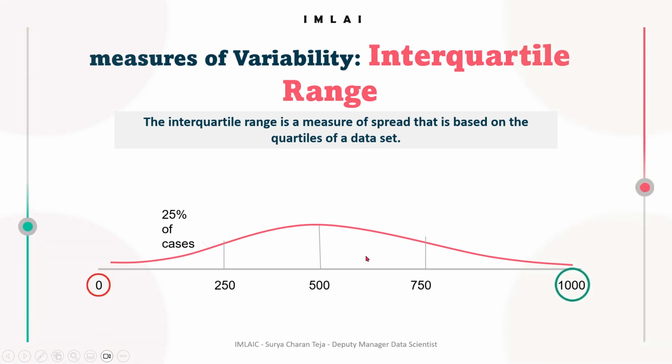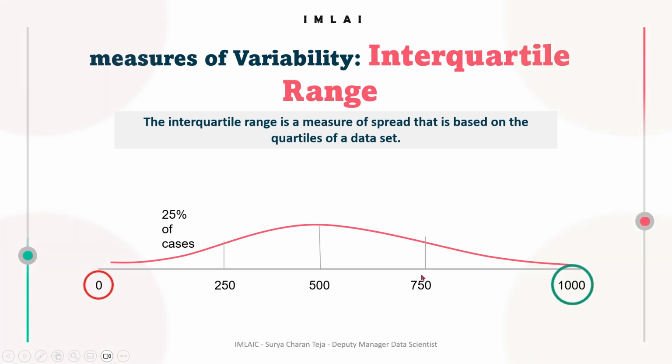Here we have used three words: quartile, percentile, and percentage. Percentage, we all know, 25 percent of 1,000 cases is 250. That's it. Whereas the 25th percentile is the value which holds 25 percent of cases in the total data set.